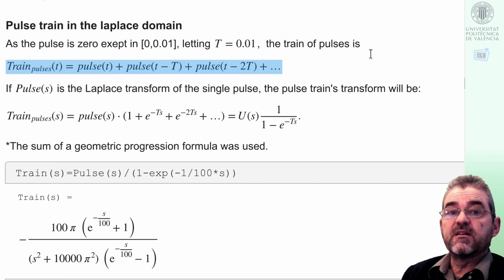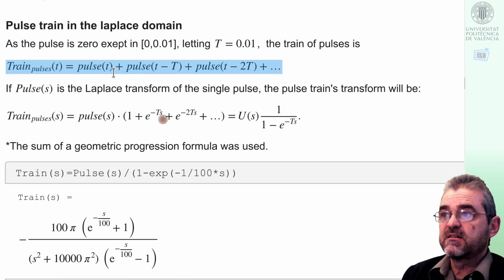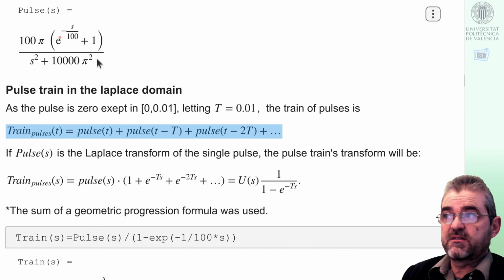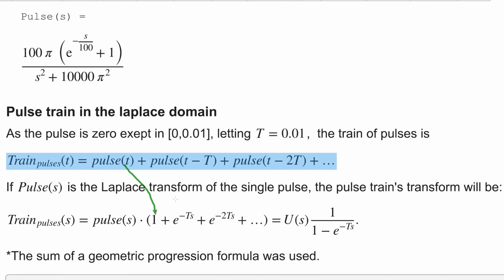The good thing is that in Laplace transform, delaying means multiplying by this exponential of s. So if pulse of s is this Laplace transform, then the first pulse is pulse of s times 1, the second pulse is the same delayed one period, delayed another period, and so on.